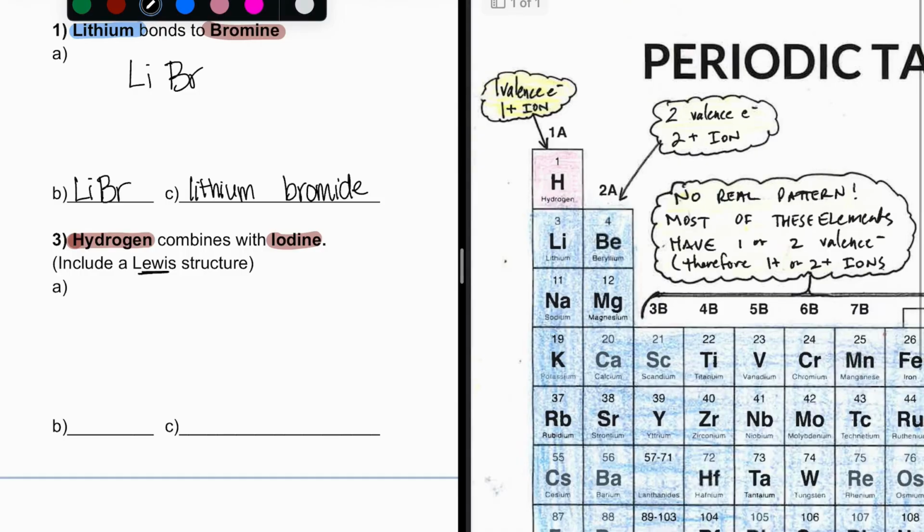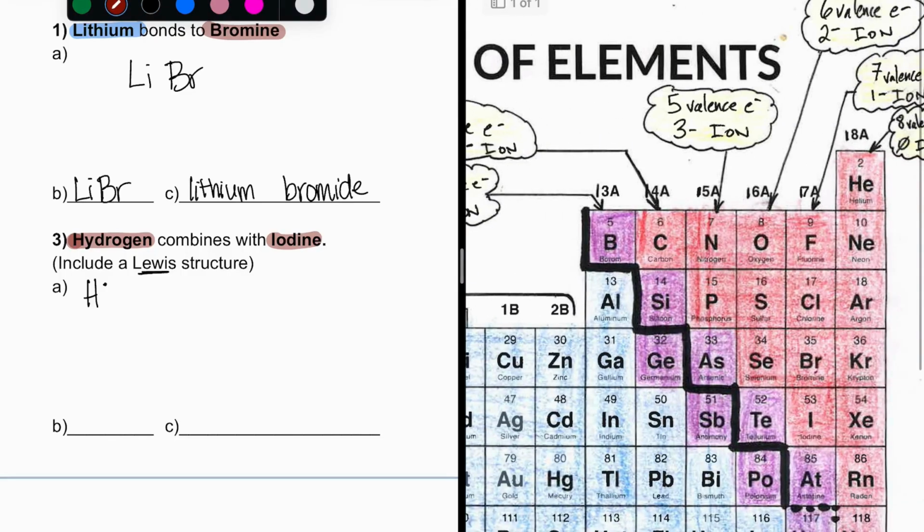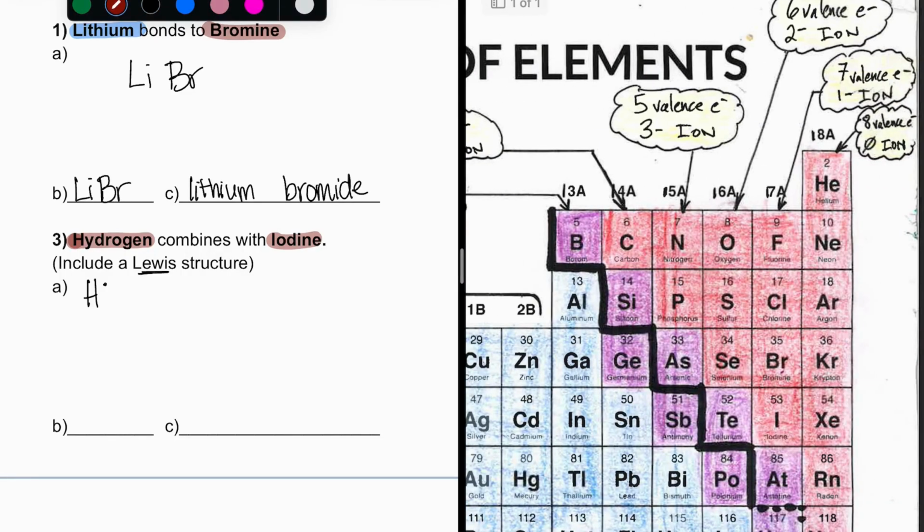So hydrogen has 1 valence electron, and then iodine has 7 valence electrons. 1, 2, 3, 4, 5, 6, 7. All right, so if I look at this, iodine has 7 valence electrons.